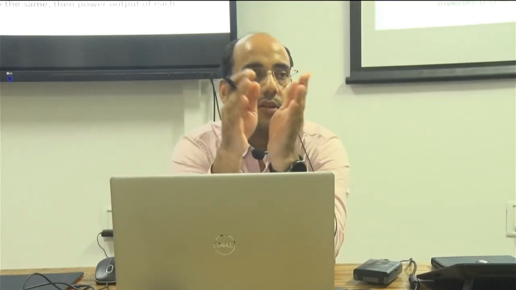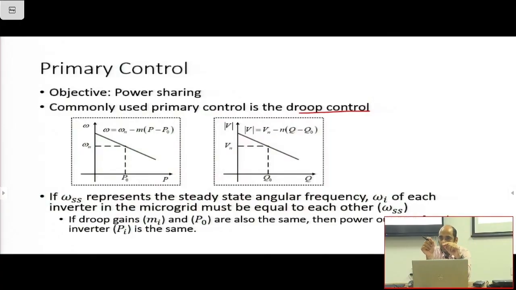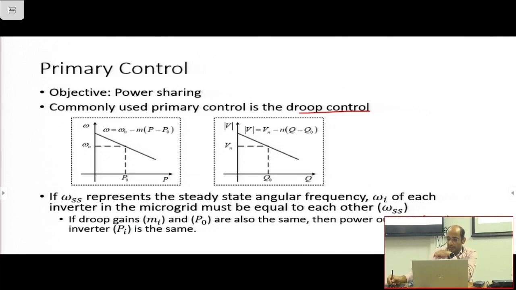Yes, right? In the last lecture we discussed, you put a constant omega, integrate it. That means the reference generated will have a frequency as good as that constant omega. Correct? So now the question is, instead of having a constant omega, let's use an omega which is a function of power.